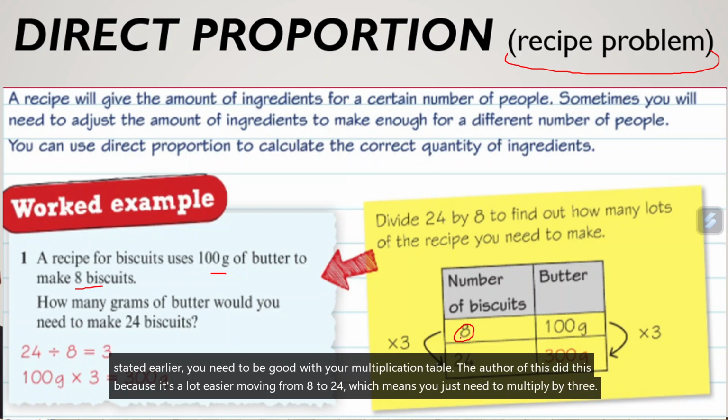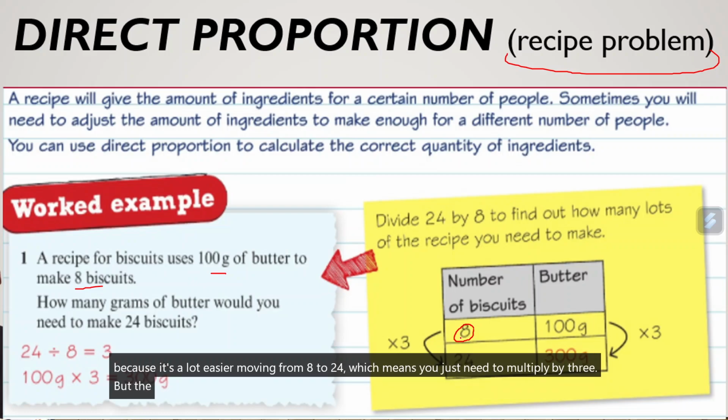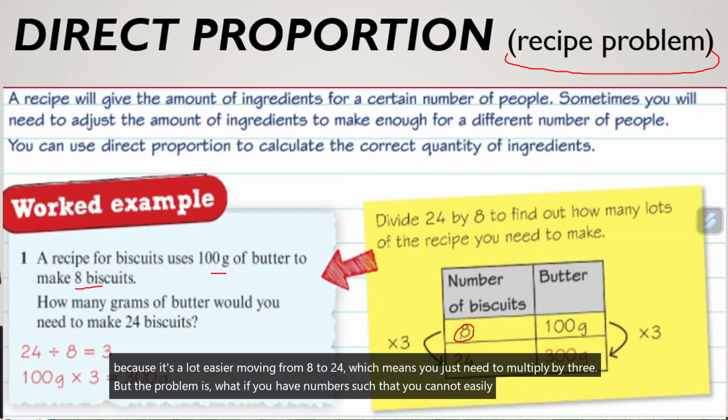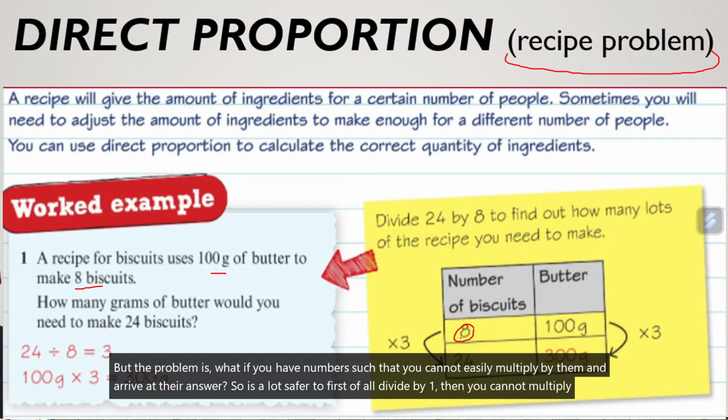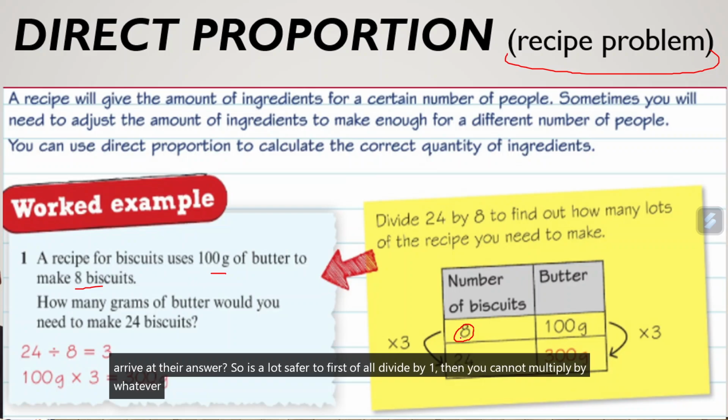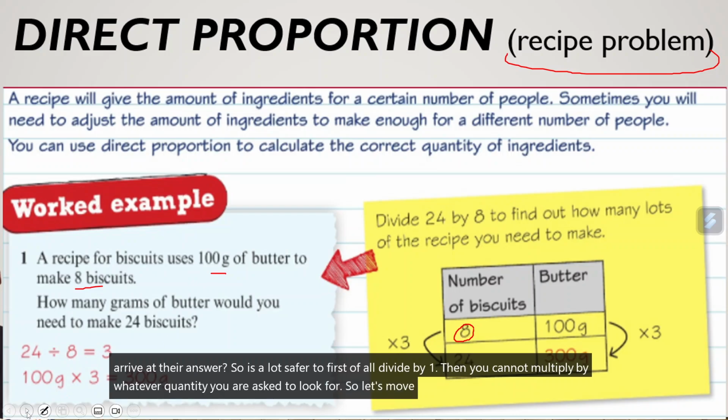But what if you have numbers such that you cannot easily multiply by them and arrive at the answer? So it's a lot safer to first of all divide by the one quantity, then you can multiply by whatever quantity you are asked to look for. So let's move on. We'll see some typical examples as it relates to what I mean.